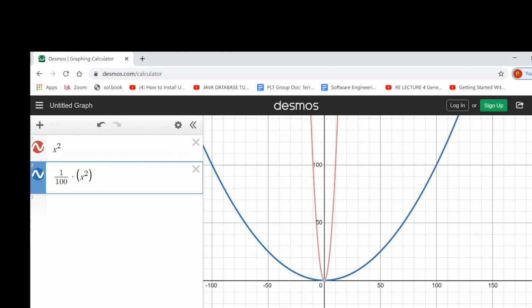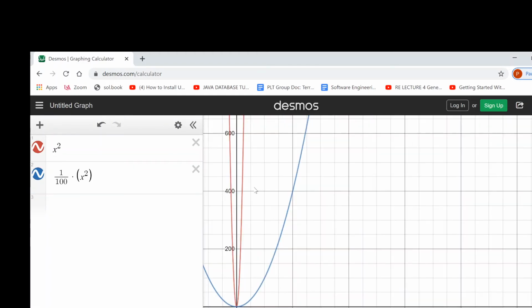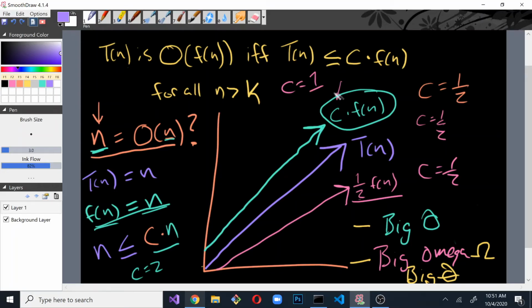But again, remember, we really only care about what's going on in this top right quadrant here. We don't care so much about the negative behavior. All that really matters is that we can find any one c value. It doesn't matter if it's 1, 2, 3, 4, 5. We just need to prove that there is a c value where it is true that for all values of n, where n is greater than some value k. And again, remember, k could be something like 1.